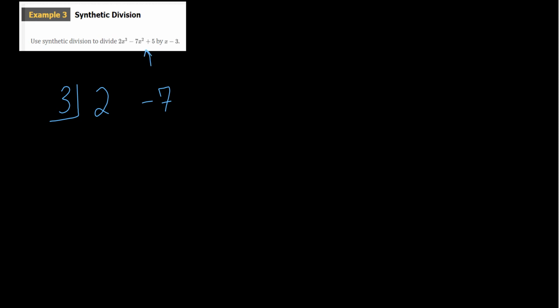Same as before, you need to account for that, so we're going to put a 0 as a placeholder for x to the first power. So again, this is essentially x cubed, x squared, x, and then plus 5. I need to account for each and every one of those powers, even if they do not exist in the original equation. And then we have a positive 5.